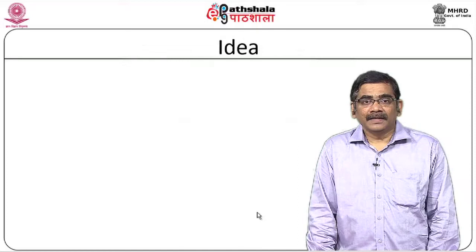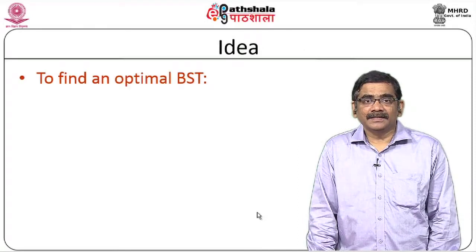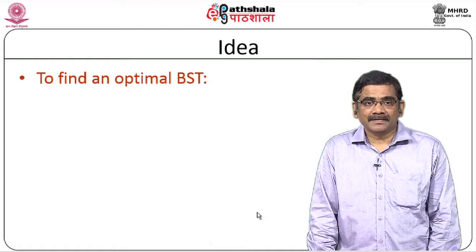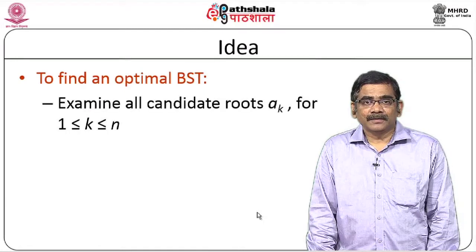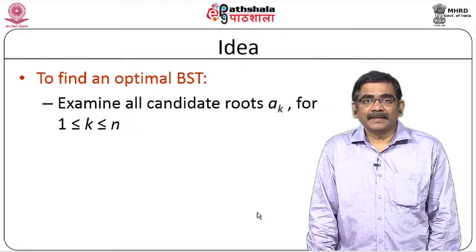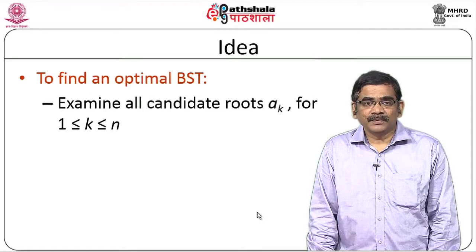Fine. What is the idea? The idea is very simple: to construct the optimal BST. We are going to examine all candidates for the root element A k, where k ranges from 1 to n, because the given elements are A1, A2, A3 up to A of n.